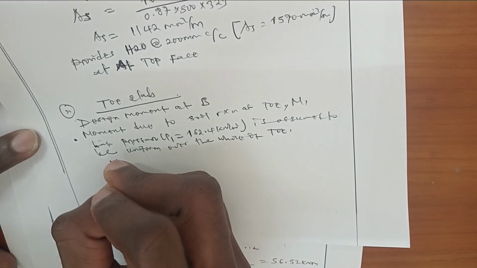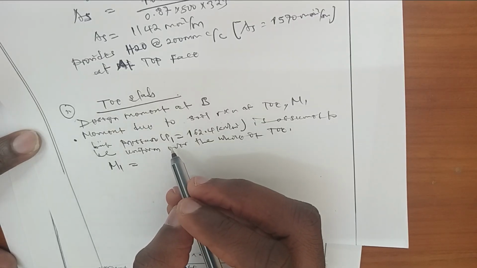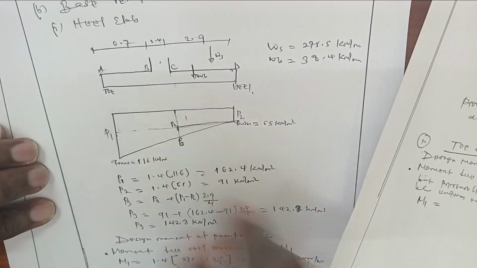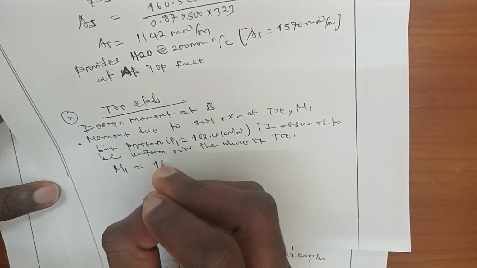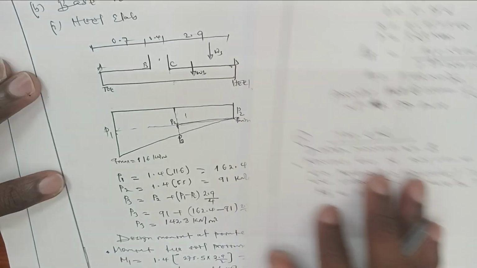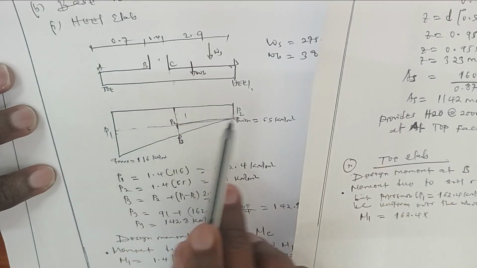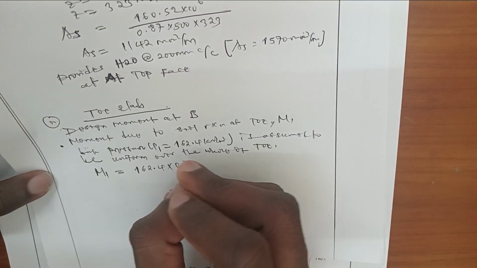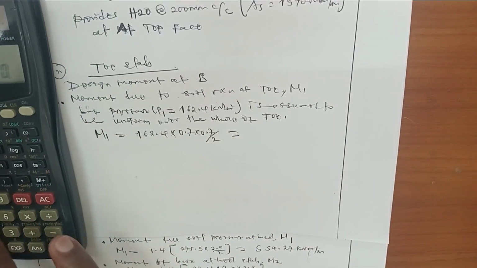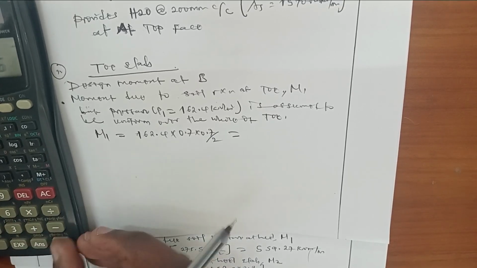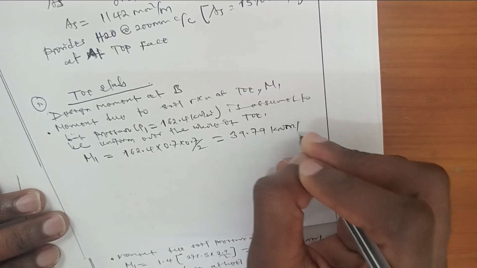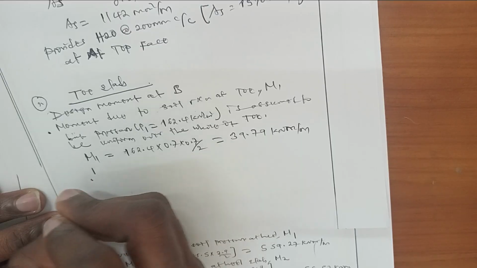It equals the soil pressure times the perpendicular distance: 162.4 times 0.7 times 0.7 divided by 2, which equals 39.7 kilonewton per meter.